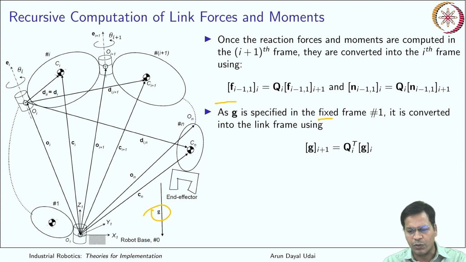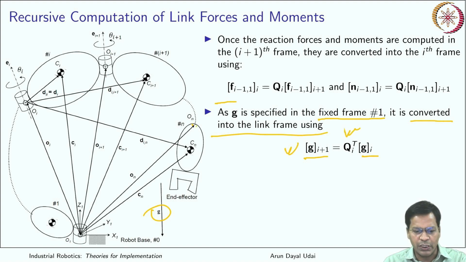So that is fixed to the frame 1. So that also needs to be converted to the link frame using this. Gi plus 1 and i will again be related to this using Qi. So if you know G in this frame, you have to convert it back. Okay, so again it has to be converted one by one from one frame to the other, like this.